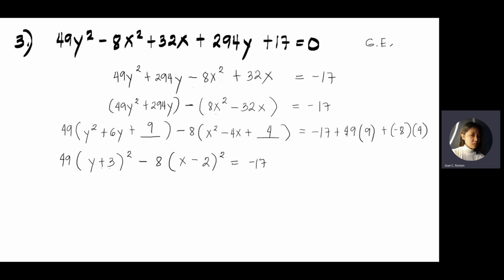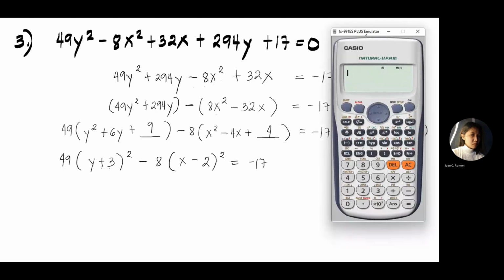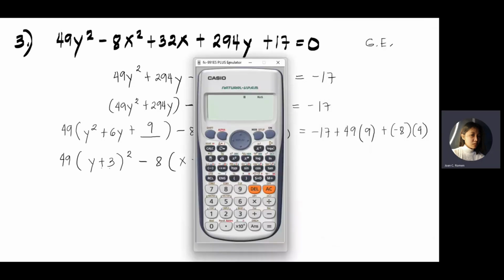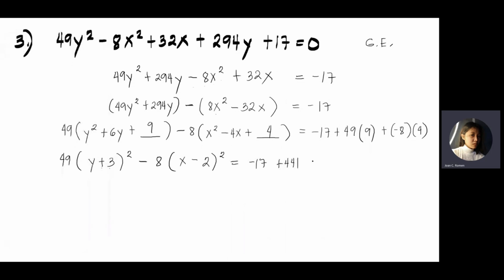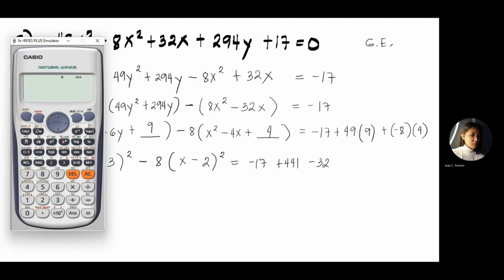This is negative 17, 49 times 9. Okay, so that is equal to 441. So plus 441. Negative 8 times 4 is negative 32. Okay, and again, simplify. Negative 17 plus 441 minus 32 is equal to 392.